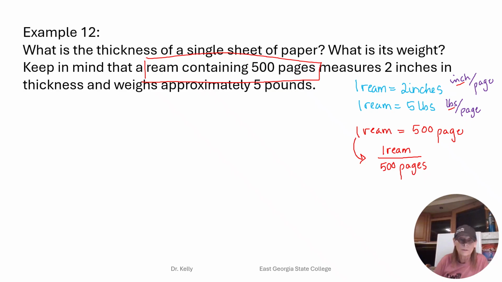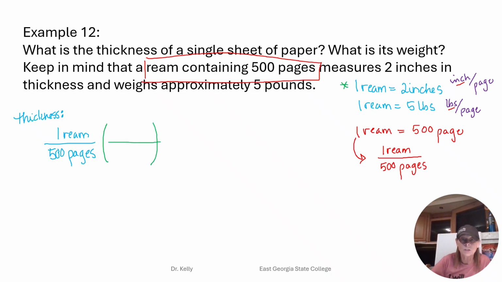All right? So let's do thickness first. For the thickness, we start off with 1 ream over 500 pages. And then if we're going thickness, we need this information right here.